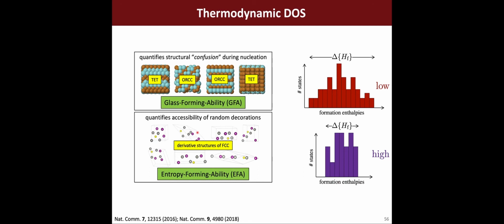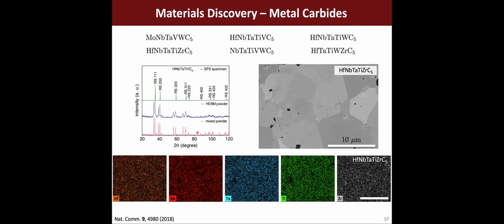And we're looking to quantify what is the accessibility of the random decorations. If all of these decorations are very similar in energy, you're going to expect that the system is going to want to form a solid solution where these sites are randomly occupied, because all of these different site occupations are very similar energetically. And it's exactly what we did.